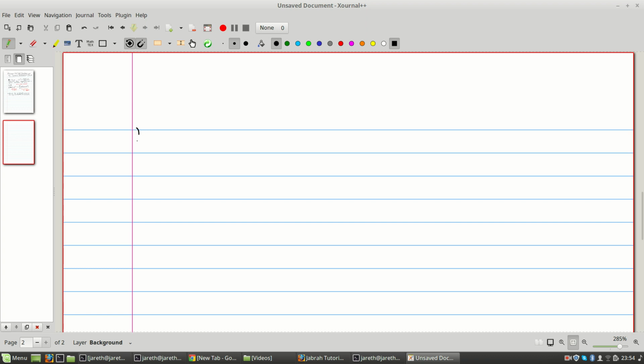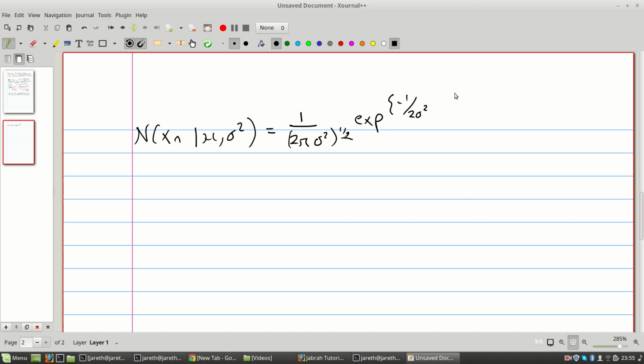We know that p of xn given mu comma sigma squared is equal to 1 over 2 pi sigma squared to the power of a half times the exponent of minus 1 over 2 sigma squared times x minus mu squared. This is the formula for the Gaussian that we've been going through in the past two videos.